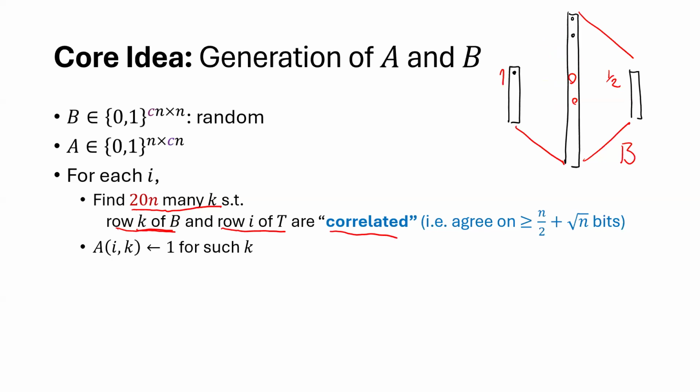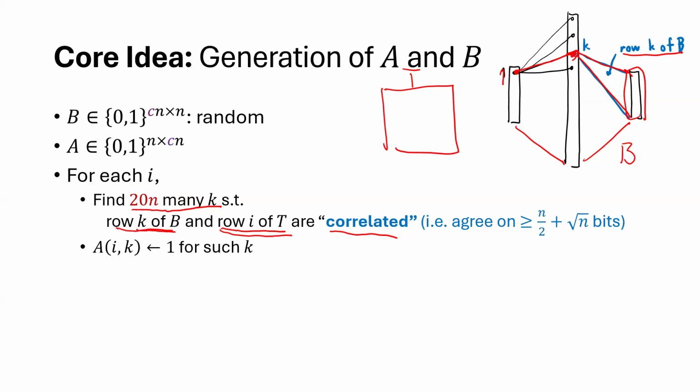So let me be clear. I'm gonna choose to put an edge from here to k, and the edge pattern from this node k to B basically encodes the kth row of B, right? And I'm gonna put this edge here if this pattern looks like row i of T. For example, suppose the first row of T looks like this: this is all 0, this is all 1.